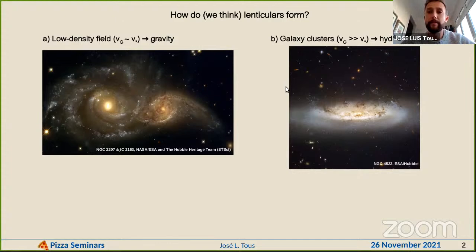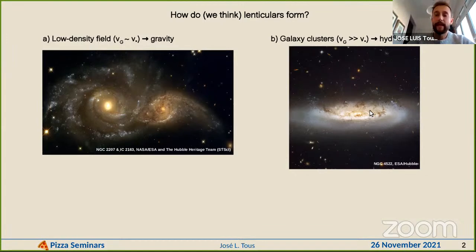A typical mechanism that is invoked inside this structure of many galaxies is the ram pressure stripping. This is, well, in these galaxy clusters, the lenticulars would be former spirals that, as they were falling through this hot and dense intracluster medium, the pressure exerted over the interstellar gas of their disks would remove this gas, and also it provokes that their disks become thicker.